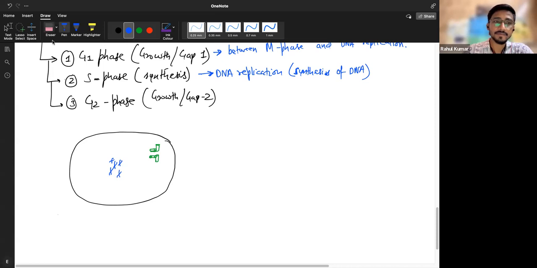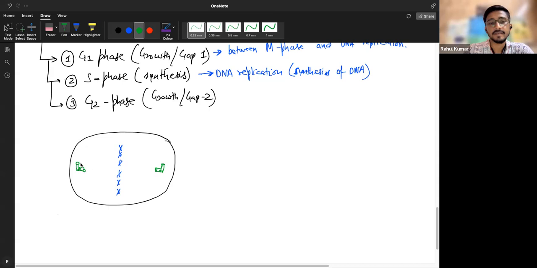And in the next step, all the chromosomes start aligning on the metaphase plate. Understand? In the next step, these two pairs of centrioles start moving towards the poles, one to this pole and one to this pole.